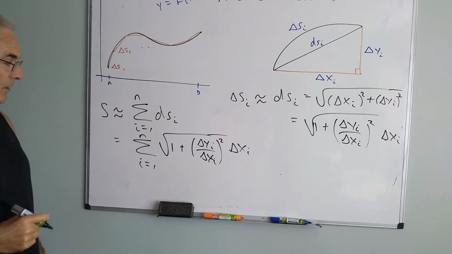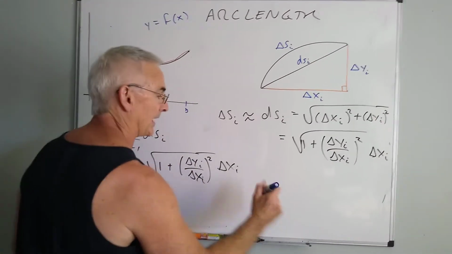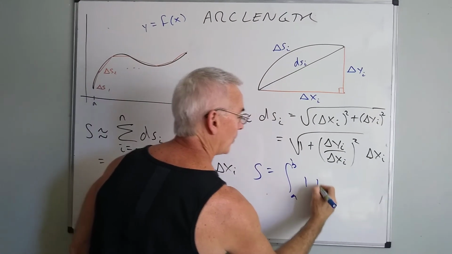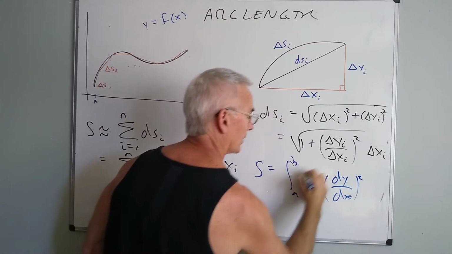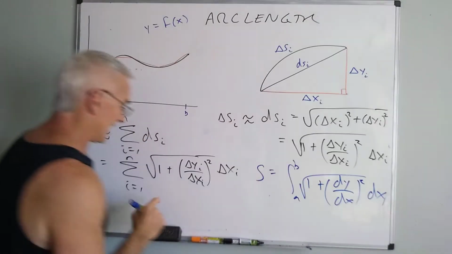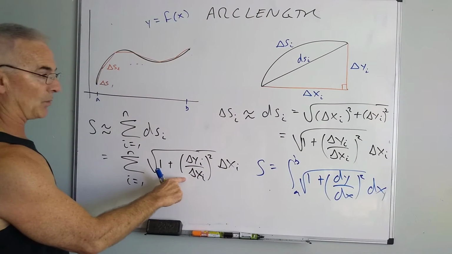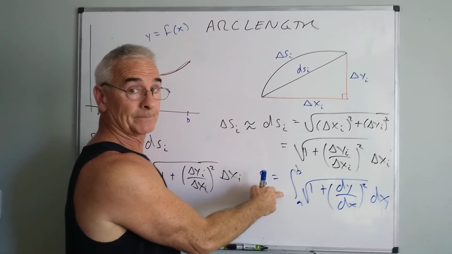So at this point, if I take the limit of the Riemann sum, I find that the arc length itself would be the integral from a to b of the square root of 1 plus (dy/dx) quantity squared dx. As the Riemann sum, as delta x approaches 0, this quantity here becomes dy/dx.